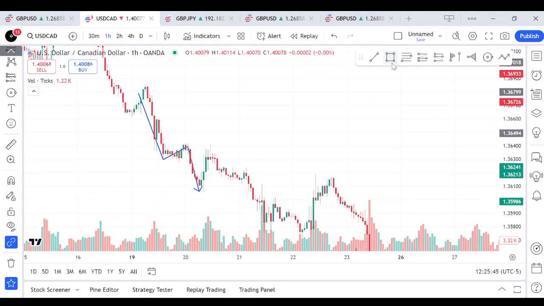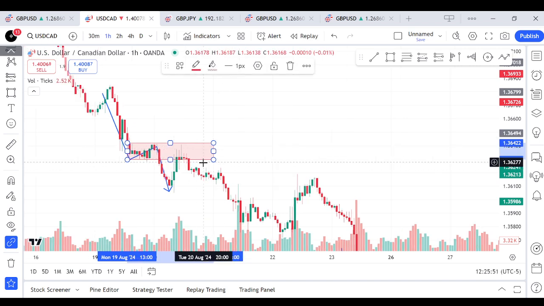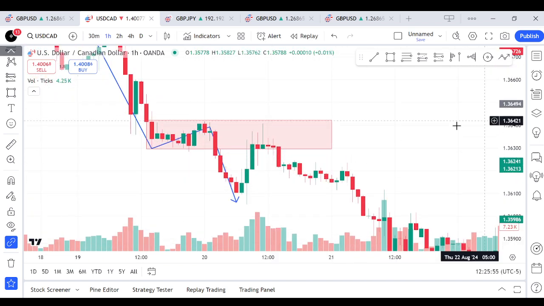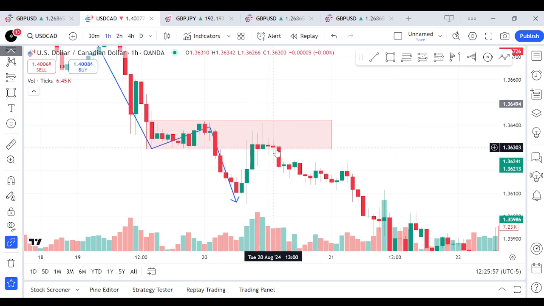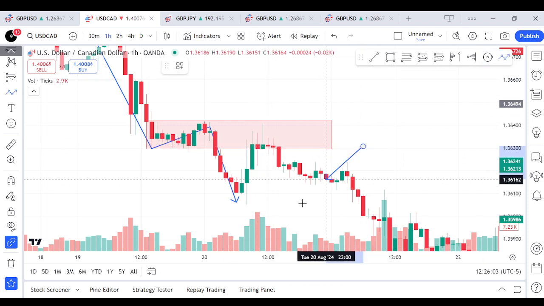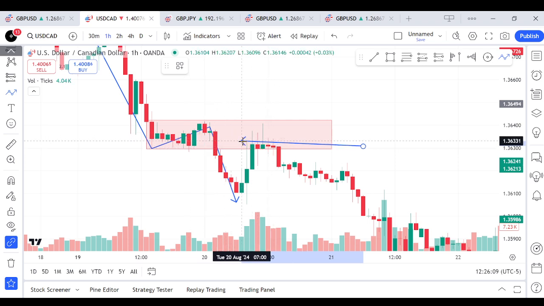And same thing happened here. We had this base, and if you extend this resistance, you can see price giving us this inverted hammer here. And this consolidation here, and if you look at the volume, you can see that we have increasing selling volume, and it corresponds with this resistance level.